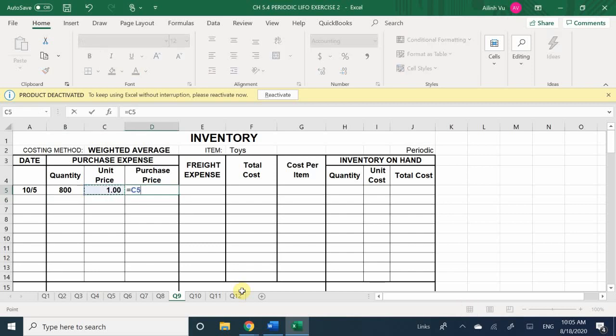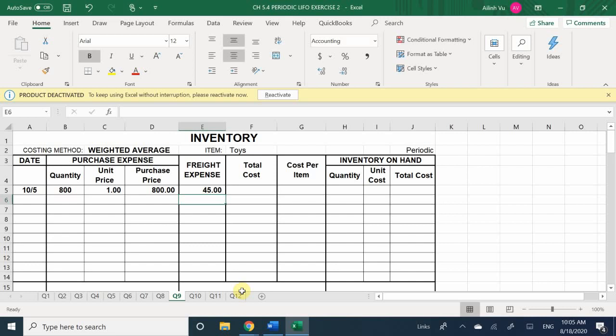The purchase price is 800, and 45 is the freight. So what is my total here? 845. Good. Do I need to solve for my cost per item? No, because we're doing the weighted average.